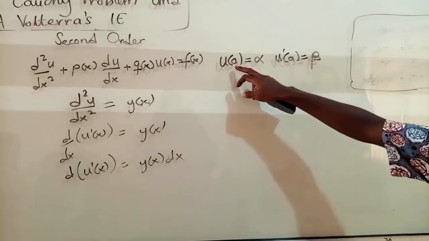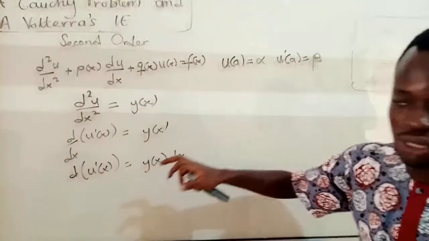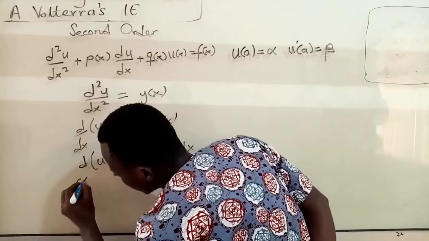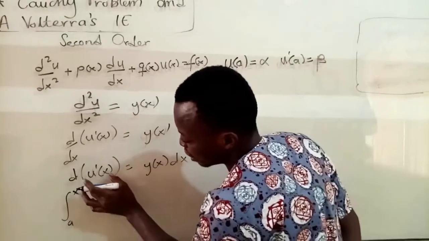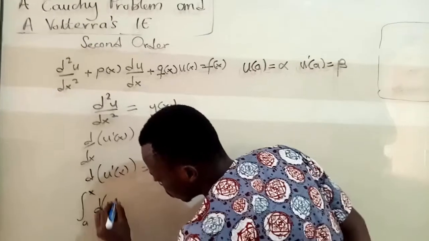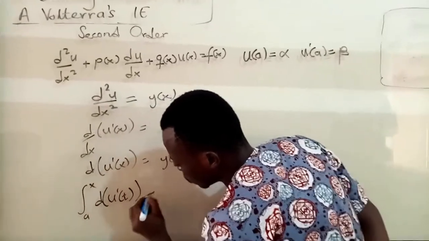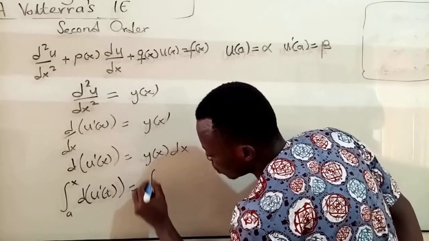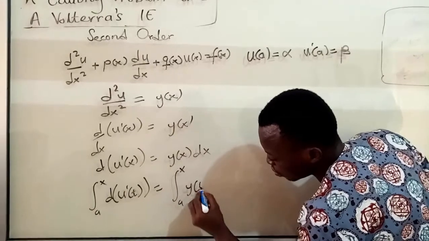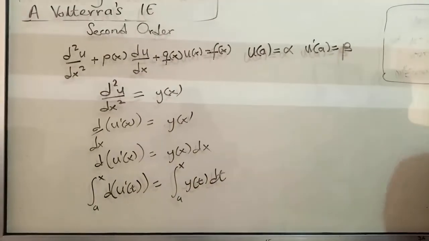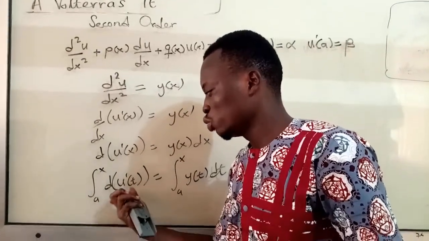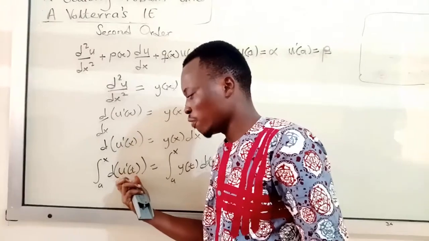So we're going to integrate from a to s, since we are converting this to a Volterra's integral equation. Now for better communication, let's convert here to t, which will be equal to the integral from a to s of y of t dt. If you integrate this side, you're going to get u prime of t.